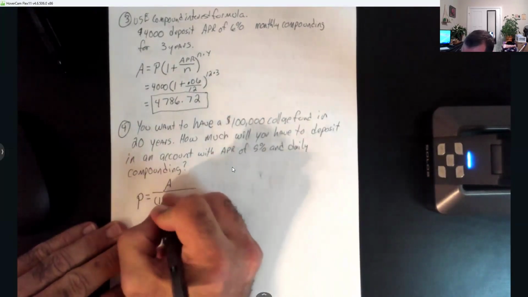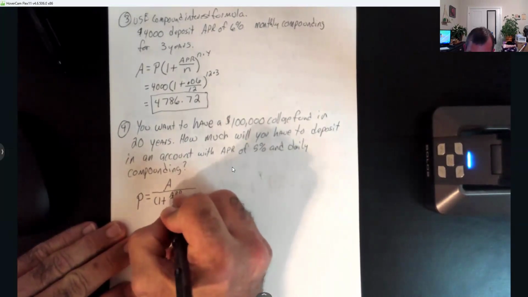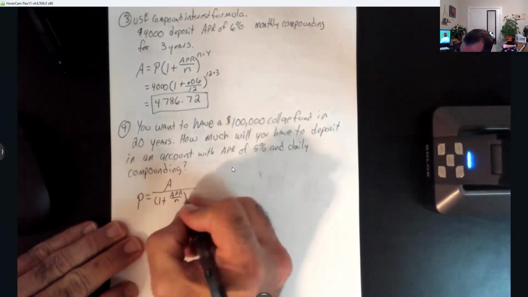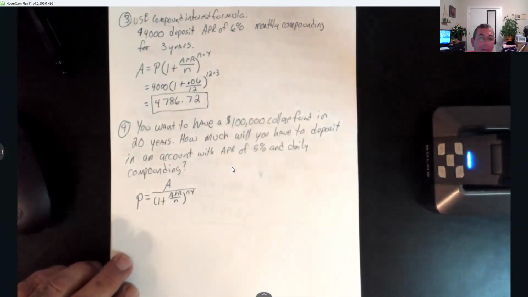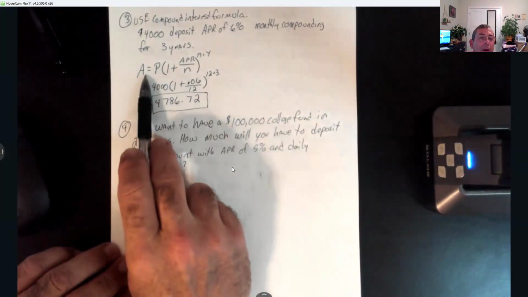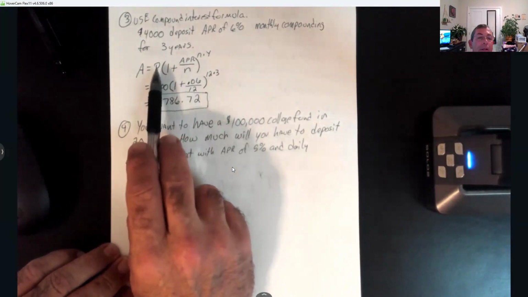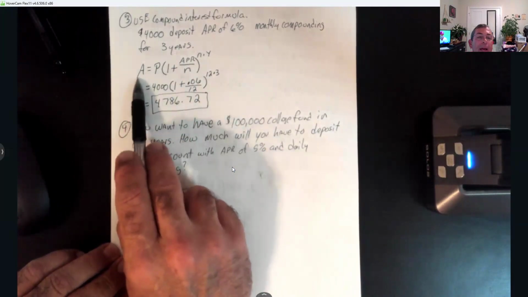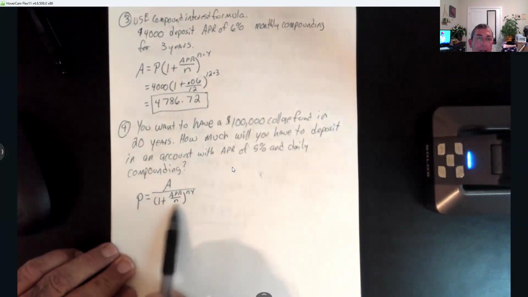So it'll be the 1 plus your APR divided by N, all raised to the N times Y. So basically, to solve for A, if you know A and you know all this, then to solve for P, you basically divide both sides by all this. That's how they're getting this formula, okay?